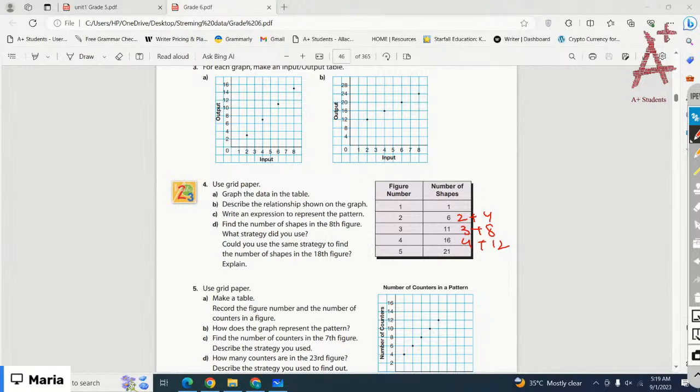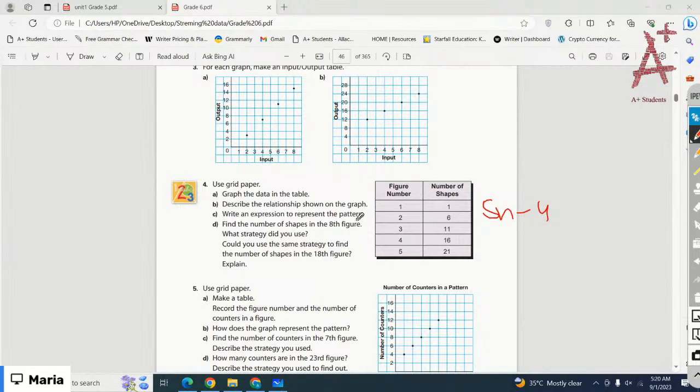It would be 5n minus 4. You can see when n is 1, 5 times 1 is 5, 5 minus 4 is 1. Let's just put 2. 5 times 2 minus 4, 10 minus 4, that would be 6. So the expression that represents the pattern is 5n minus 4.